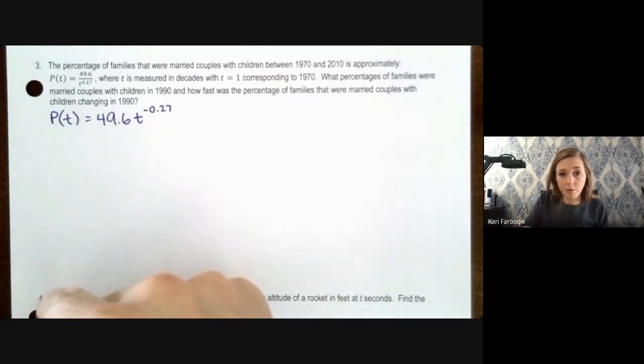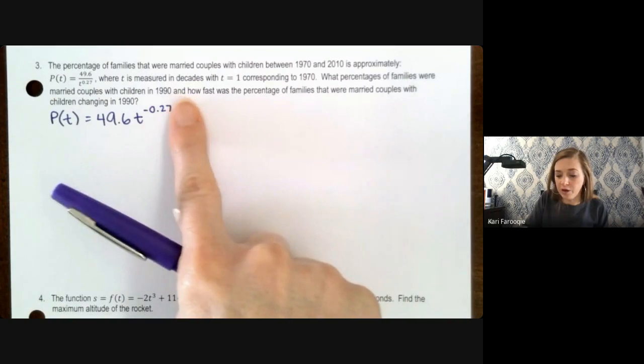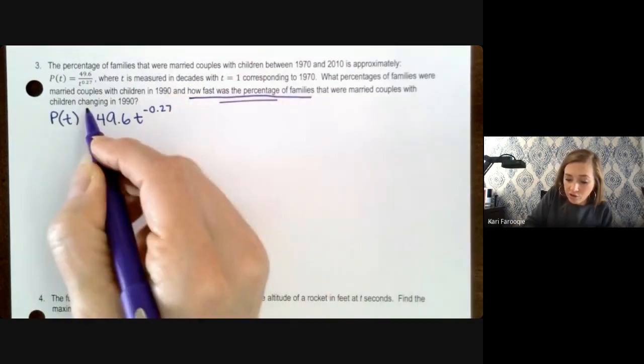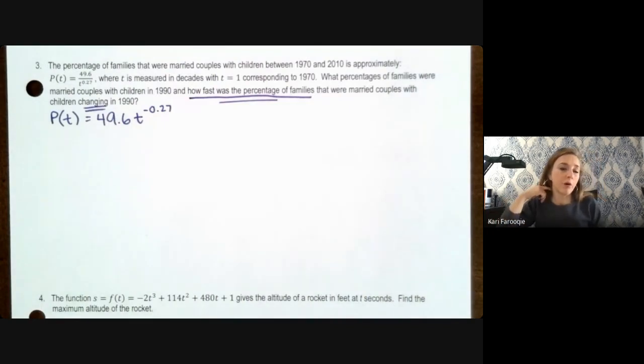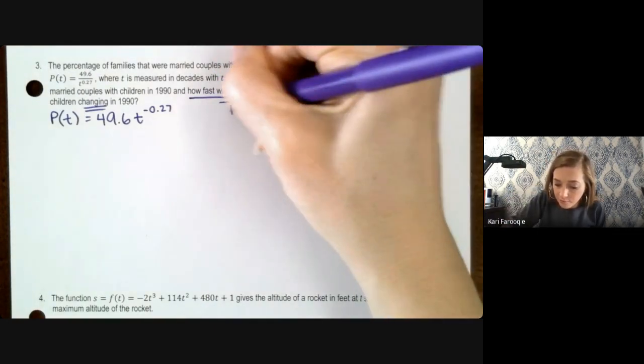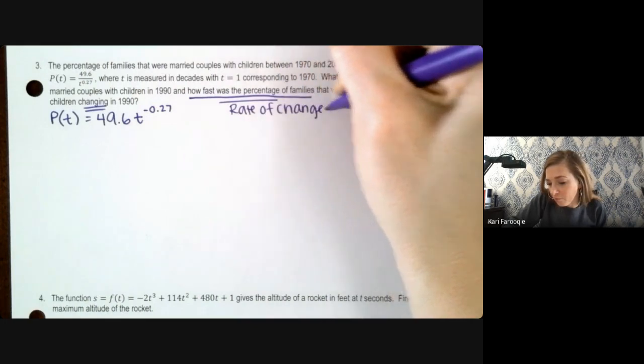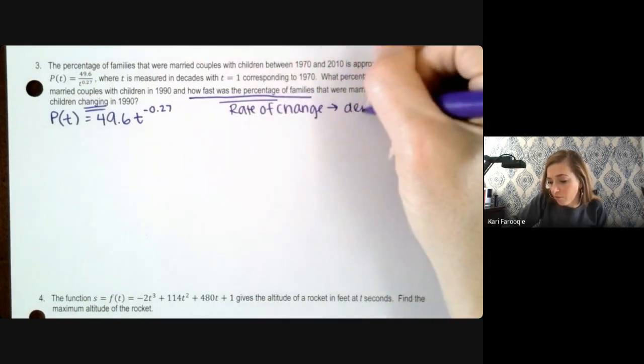Where the derivative comes in is when we talk about how fast the percentage was changing. When we talk about how fast that percentage was changing, we're talking about a rate of change, which means we need the derivative.